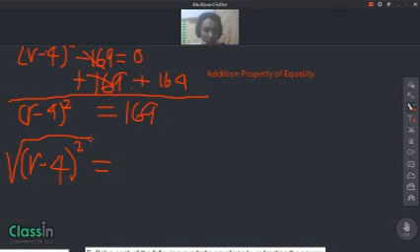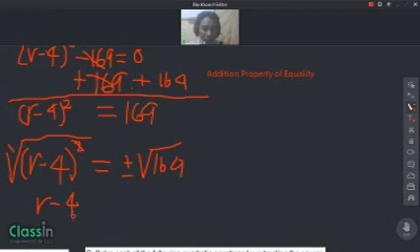Then since it is positive, 169 is greater than 0, then it has two real roots. So it becomes positive or negative square root of 169. So cancelled out the exponent. So this will become r minus 4 equals positive or negative.